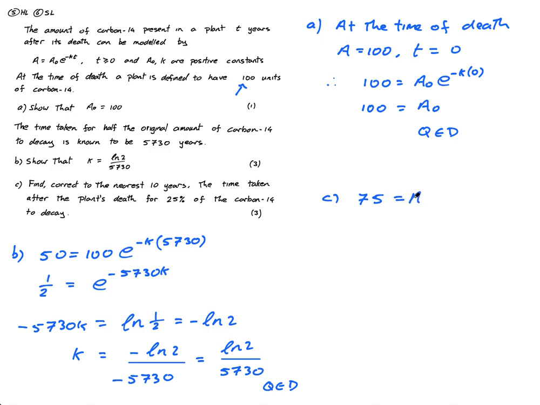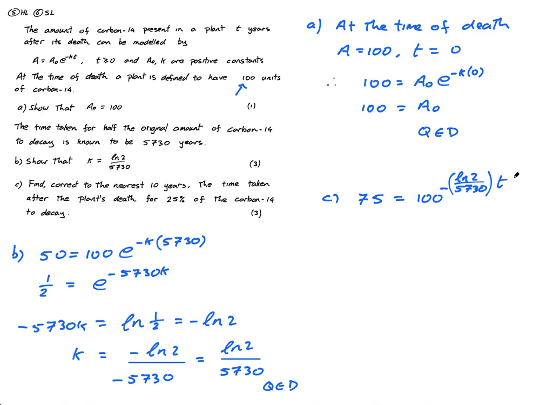A0 is 100. K I now know to be ln of 2 over 5730, so it's negative k, ln of 2 over 5730, and then this is t.